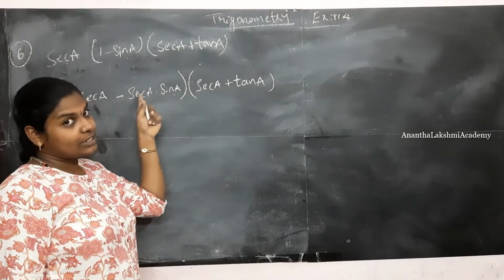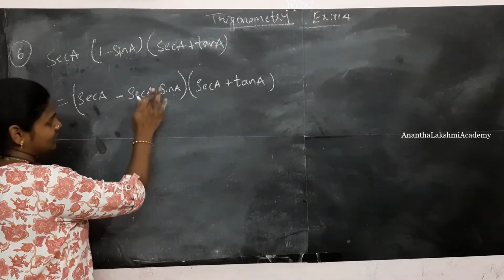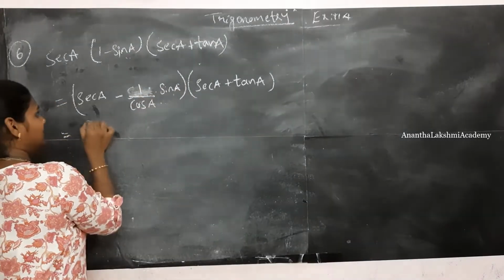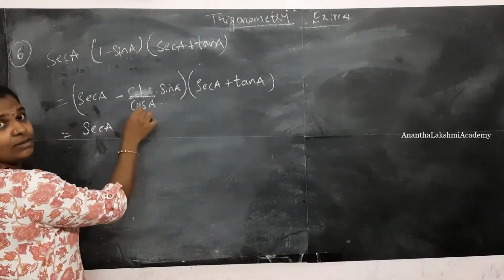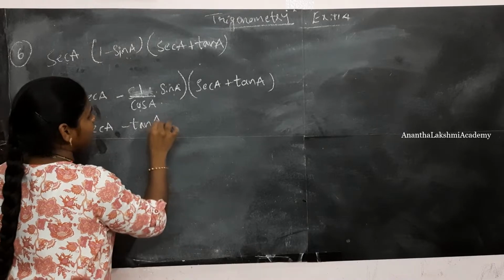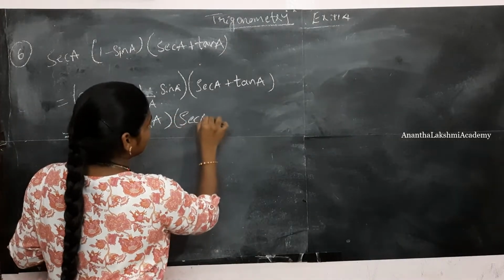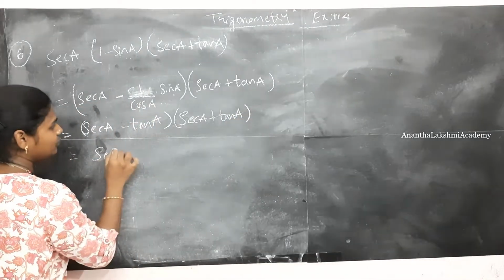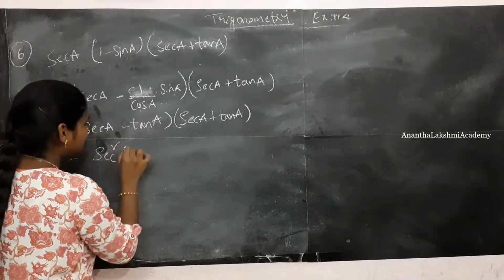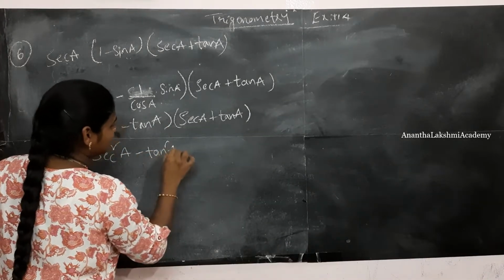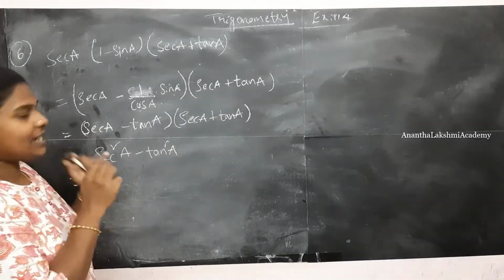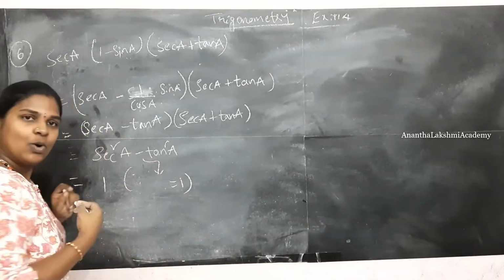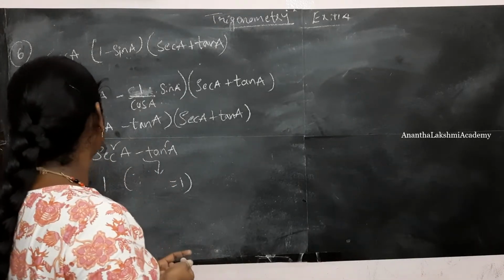If sine and 1 get multiplied, this becomes sine A by cos A. So secant A can be written as 1 by cos A, and this becomes sine A by cos A. Secant A minus sine A by cos A is tan A. This is (secant A minus tan A) into (secant A plus tan A), which is (a minus b) into (a plus b), secant square A minus tan square A. This is the second trigonometric identity we have derived, nothing but 1, since secant square A minus tan square A is equal to 1. So this is about problem number 6.